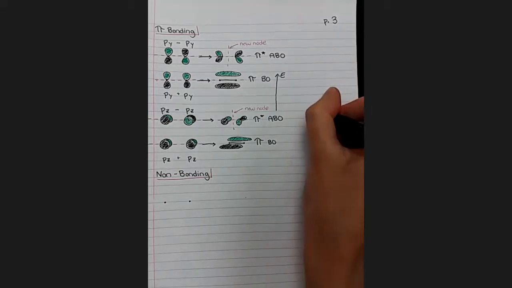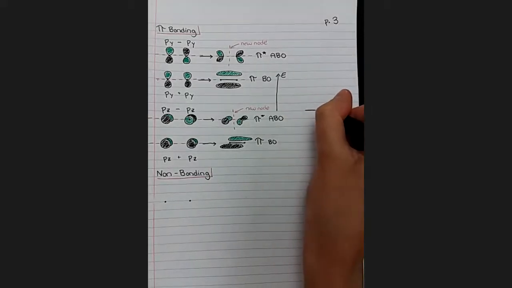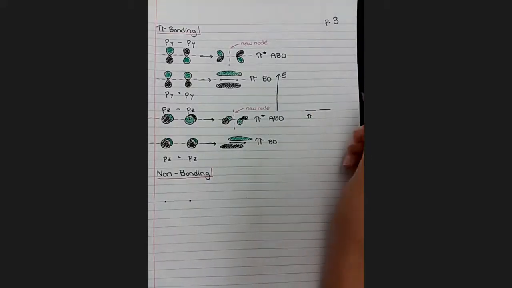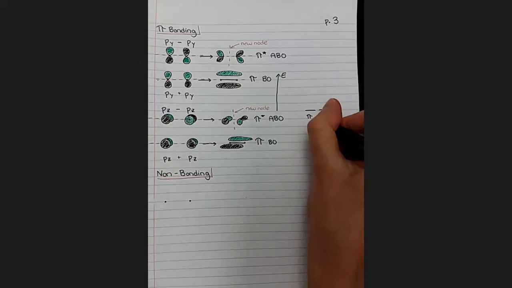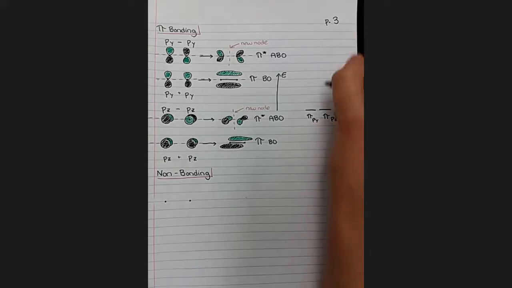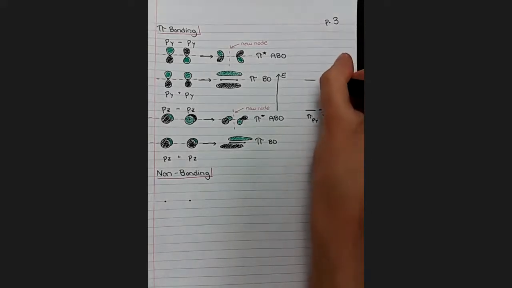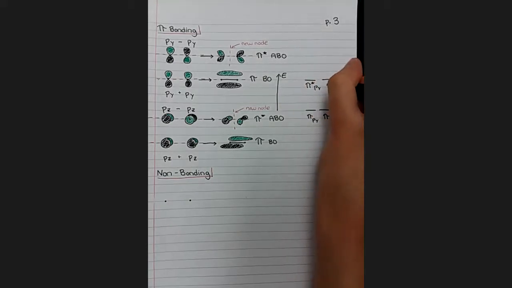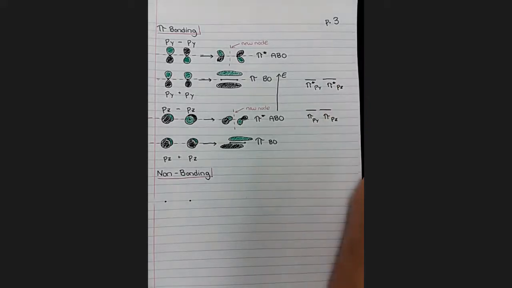So when we form four molecular orbitals, we have pi orbitals made from py and a pi orbital made from the pz overlap. And we have a pi star orbital made from the py overlap and a pi star orbital made from the pz overlap.